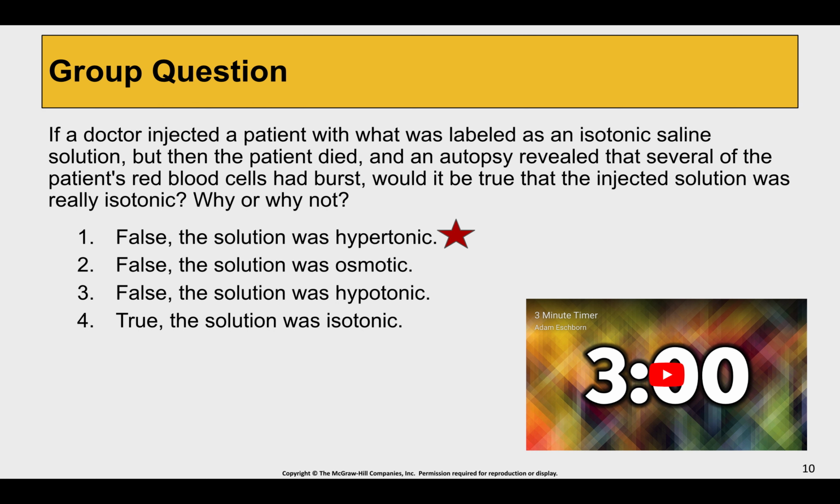I apologize. If you said false, you were correct. The solution was hypertonic, meaning they injected a solution that had a lot of solutes in it. Hypertonic solution. Hypo?